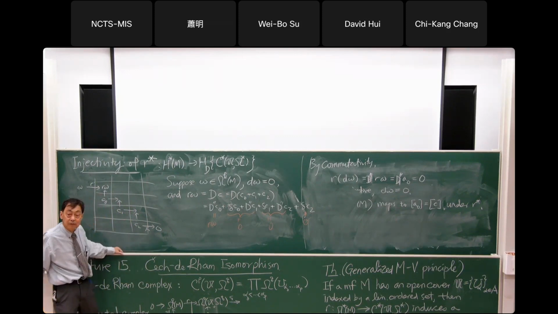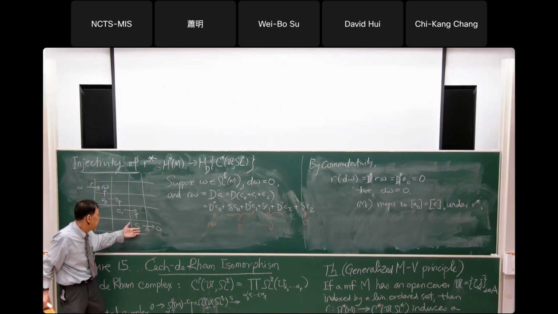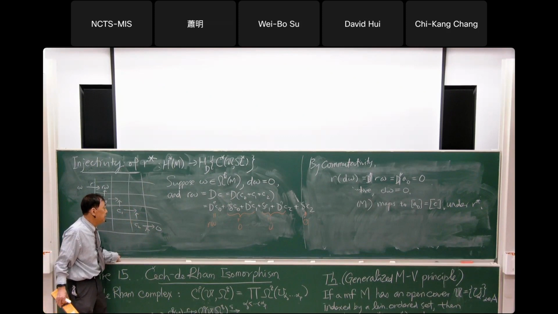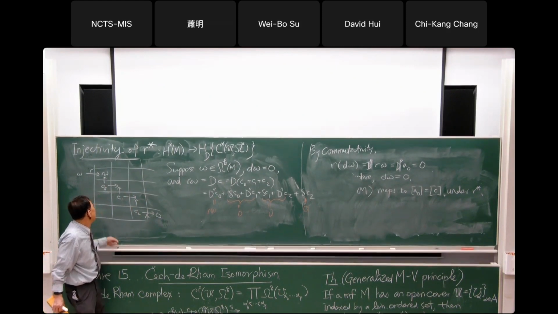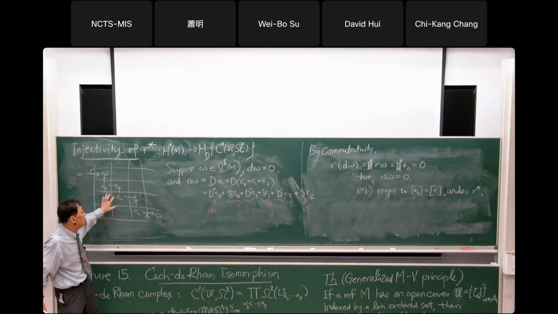This goes to 0. But the rows are exact, so by the same argument as before, you can get rid of this C2. By the same argument as in the shortening lemma, now I don't have a cycle; this C is not a cycle, but this part looks the same as before.